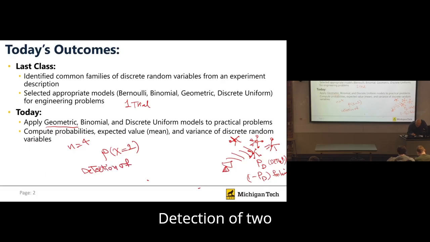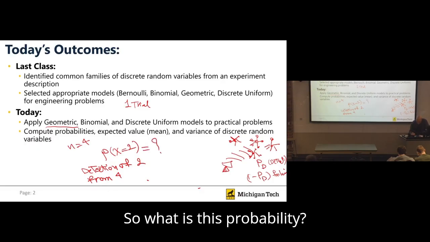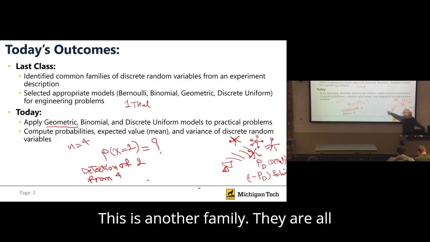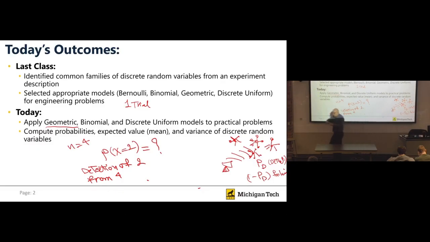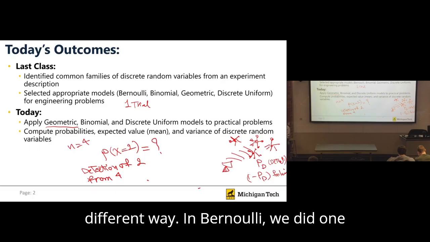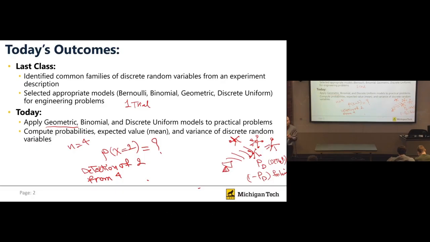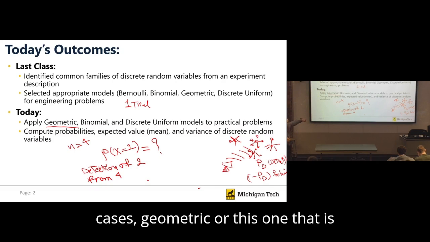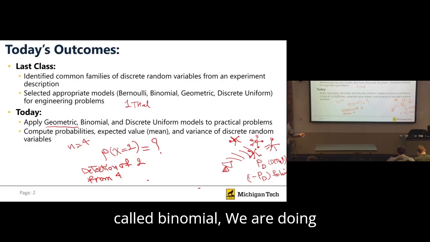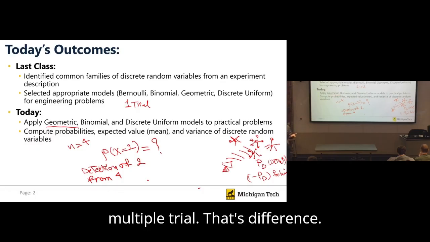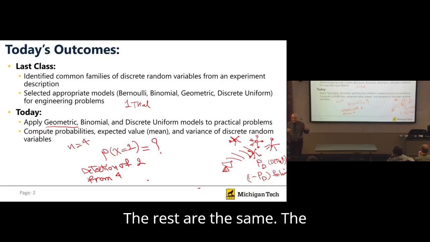Detection of 2 from 4. So what is this probability? This is another family. They are all around Bernoulli. We are just playing with Bernoulli in a different way. In Bernoulli, we did one trial. In these two cases, geometric or this one that is called binomial, we are doing multiple trials. That's the difference. The rest are the same.